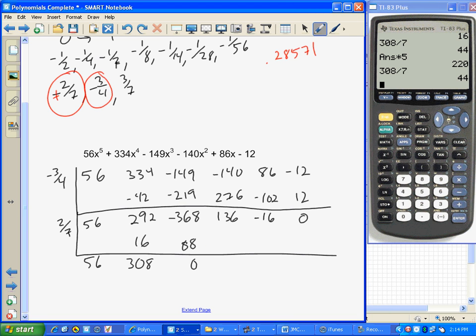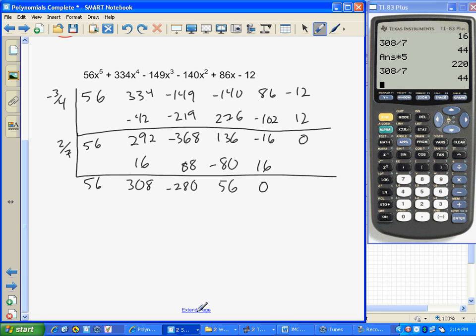Add these, and get 0, and 36 gives me 28. Divided by 7 will be 40, times 2 is 80. Subtract these, I get 6 and 5. 2/7 of that is going to end up being 16. Let's divide by 7 gives me 8 times 2 is 16, so I get 0. So both those came out pretty well.